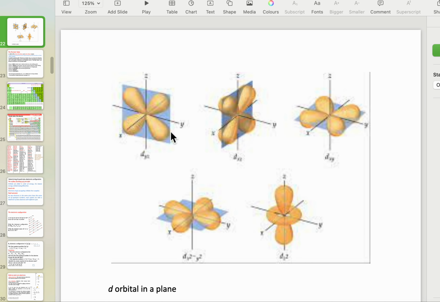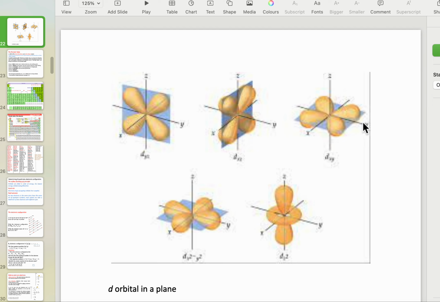Now here we can see the loops on the plane. The dyz between the y and z, the dxz, and the dxy between the x and y.